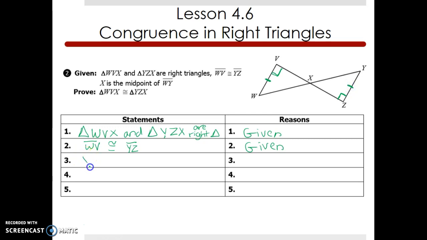And I also know X is the midpoint of WY.